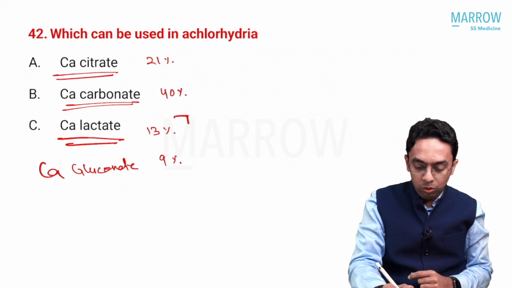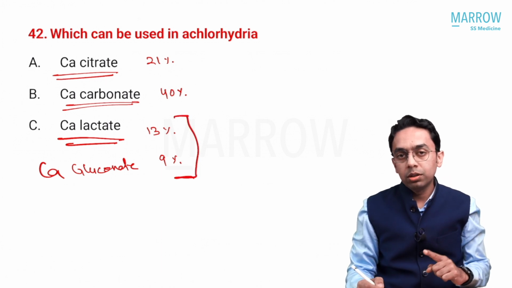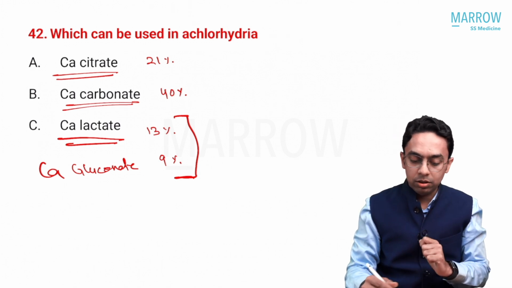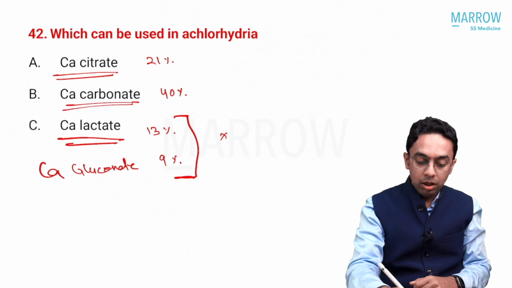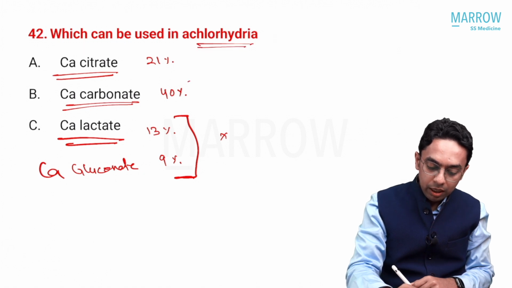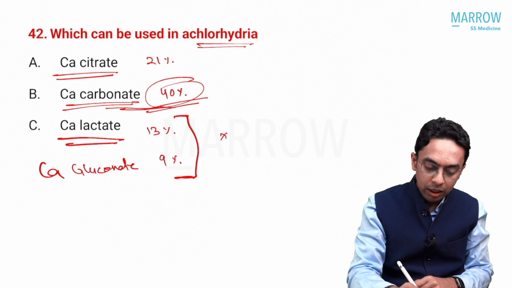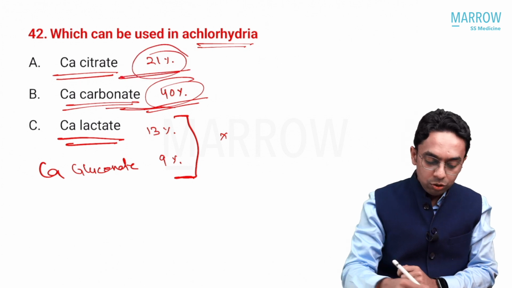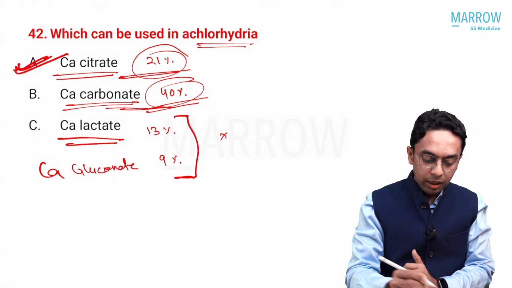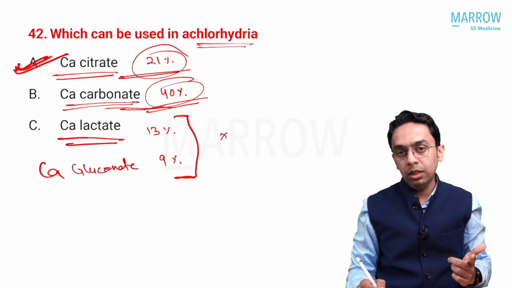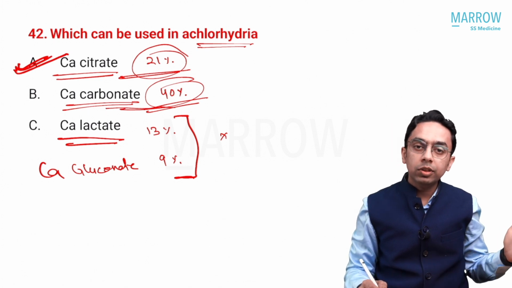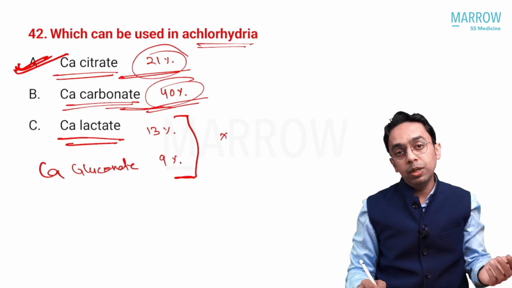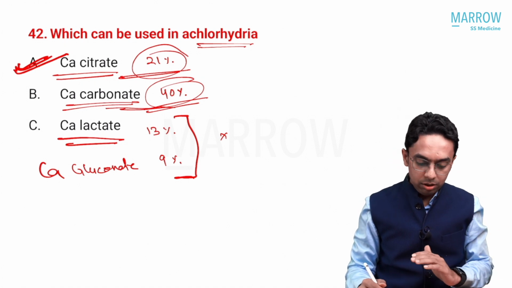So for these two, though their solubility is very good, they are not very useful because the elemental calcium is less. So usually we don't use these. Achlorhydria will definitely impair the absorption of carbonate and will not impair the absorption of citrate. So the answer here I think should be calcium citrate. But if the question is which of them has a higher solubility index, or which will be better absorbed, then the answer would change.